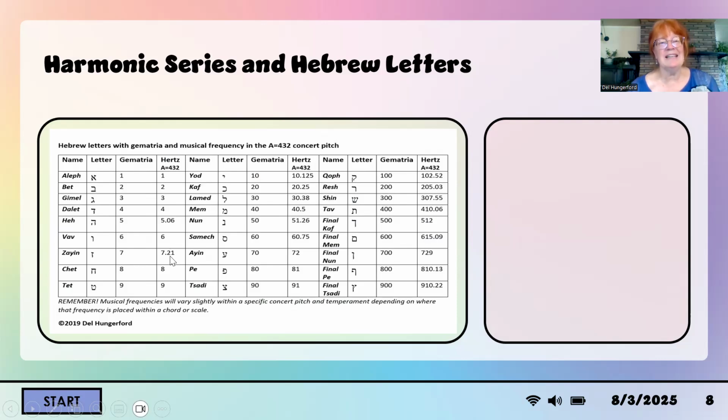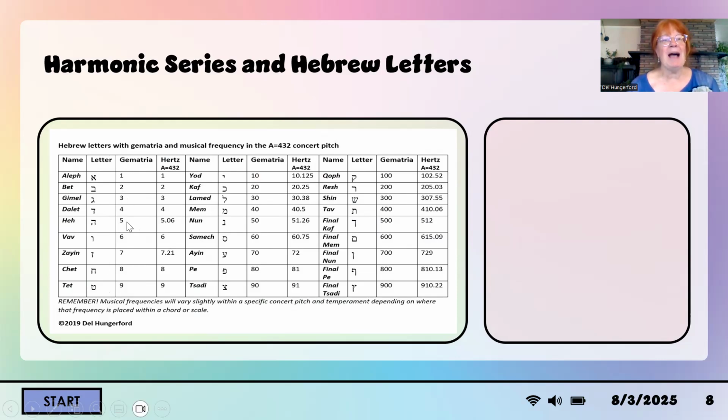So it's slightly higher, but people think, oh, it's not exact, but you're dealing with concert pitch and temperament and a variety of things going on. They're really, really close. So I found it rather fascinating.